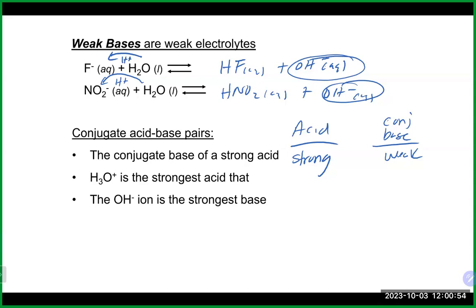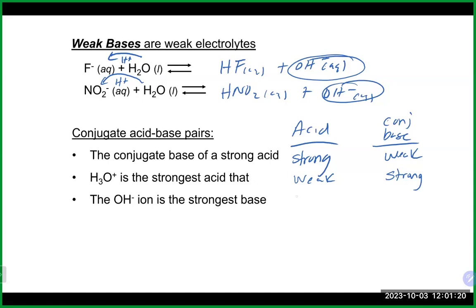So because it's relatively weak, it won't react. But if you have a weak acid, its conjugate base will be relatively strong. And what we will see in this chapter is if you do have that situation where you have a relatively strong conjugate base, it can continue to react and have an effect on the pH of the solution. So we'll actually see that.